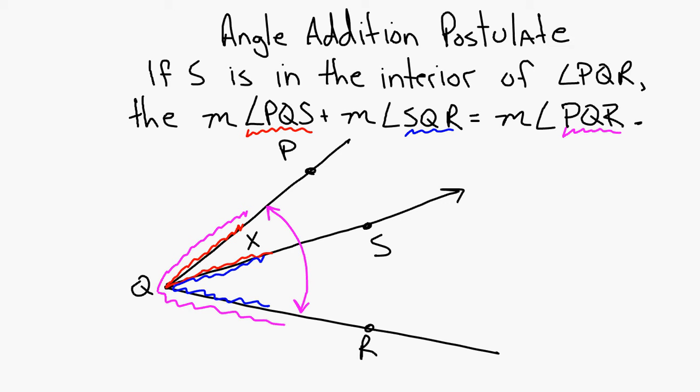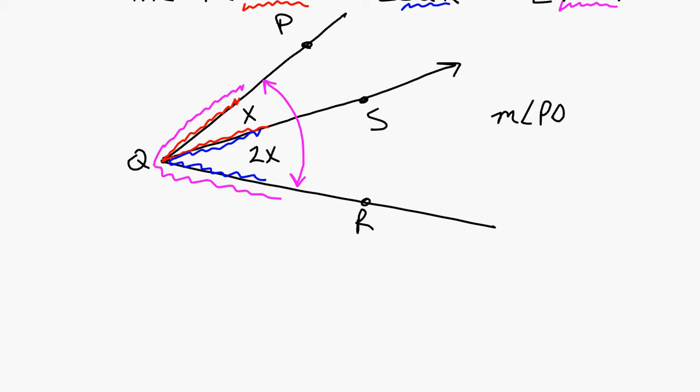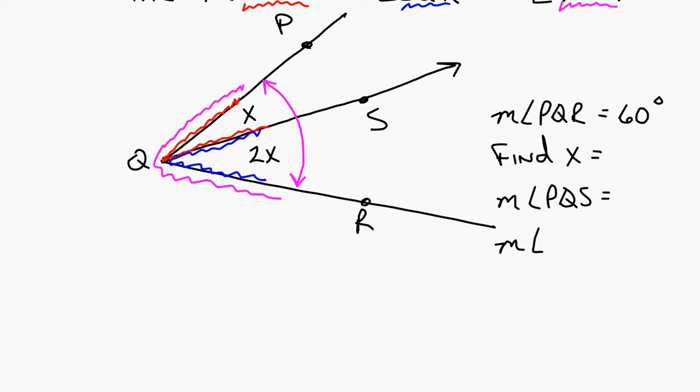So now, if you were given something like x and 2x, and you were told that the measure of angle PQR equals 60, and you're asked to find x, the measure of PQS, and the measure of angle SQR.